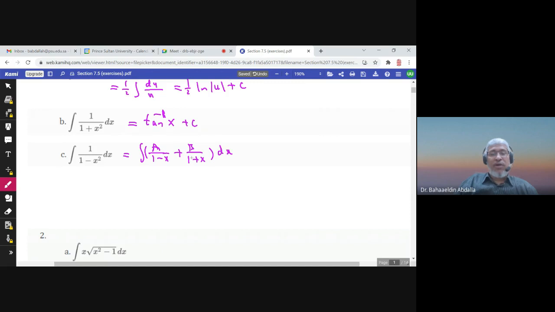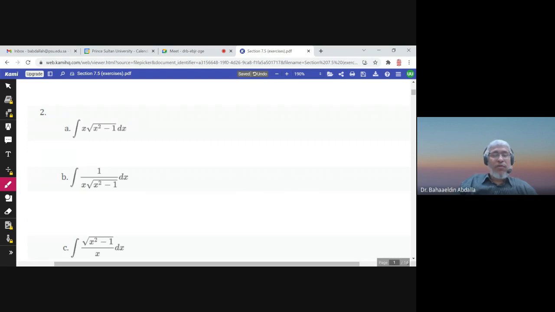And we can find a and b using the techniques in section 7.4 about partial fractions. So 1 minus x squared is factored into 1 plus x times 1 minus x, and you continue as in section 7.4.